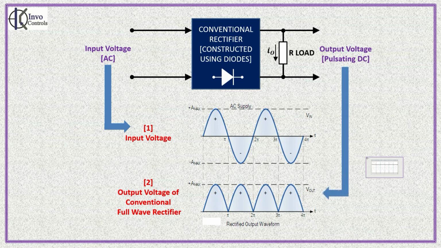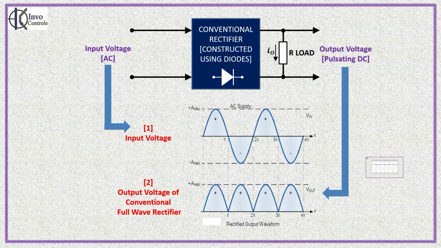Let us try to understand the term pulsating DC. The term DC tells us that the voltage is unidirectional, either only positive or only negative. In our case, we have considered the output voltage to be only positive.